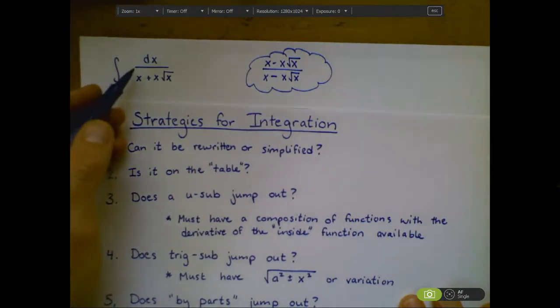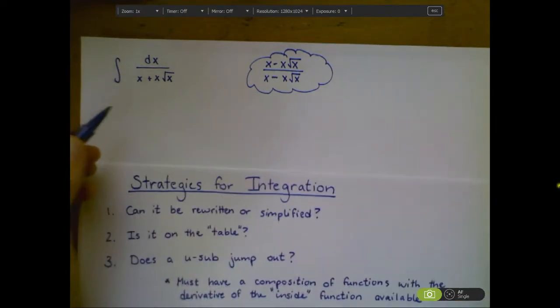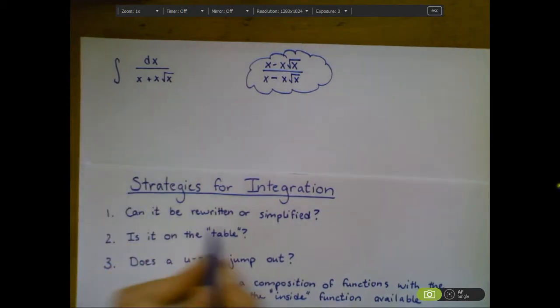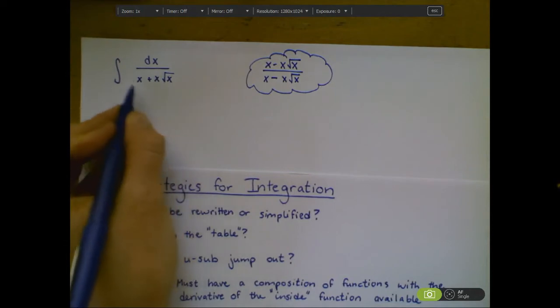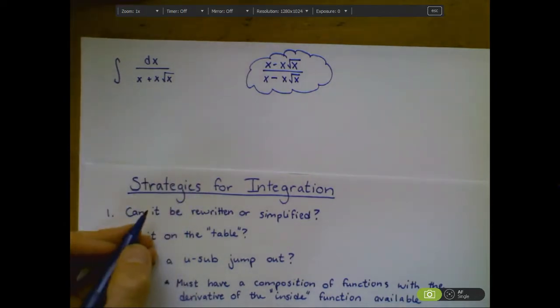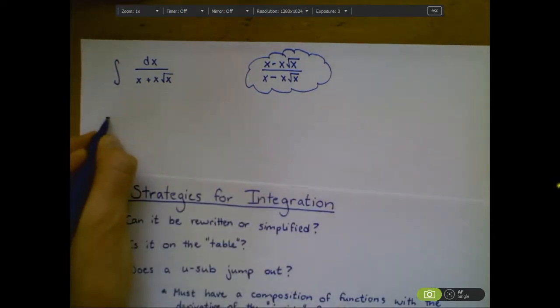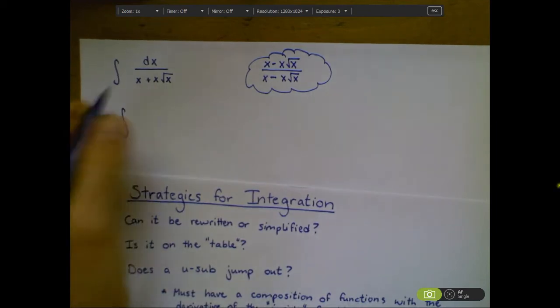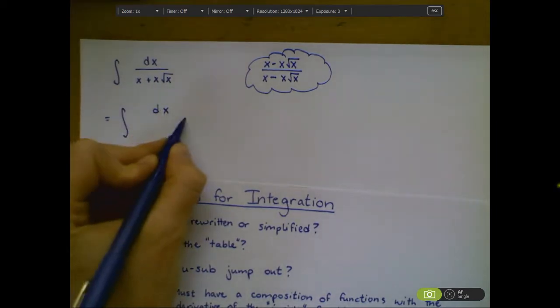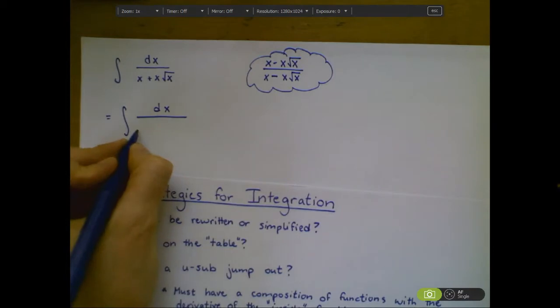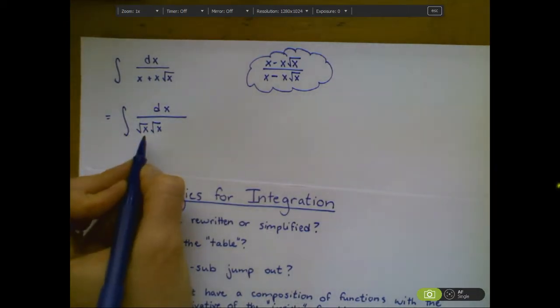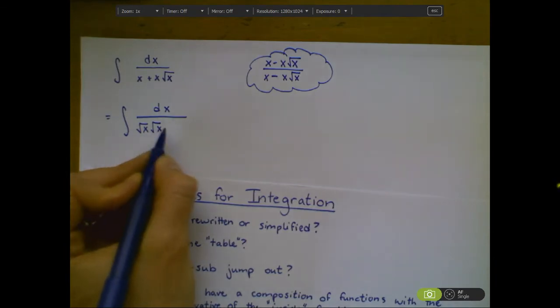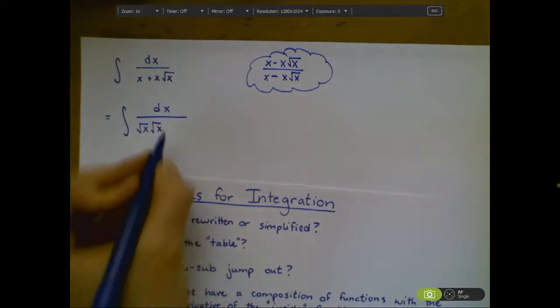So instead of that, I'm going to do something clever, and I'm going to rewrite or simplify it, and I'm going to rewrite the denominator by factoring out the square root x. So this integral, I'm going to first write x in a crazy way. So this x here is the same thing as square root x times square root x, right? Because if I multiply the square root of something by itself, then I get x back again.